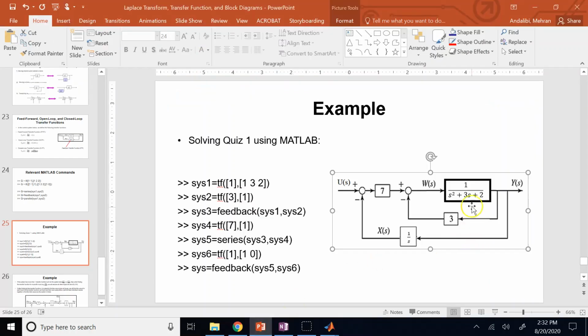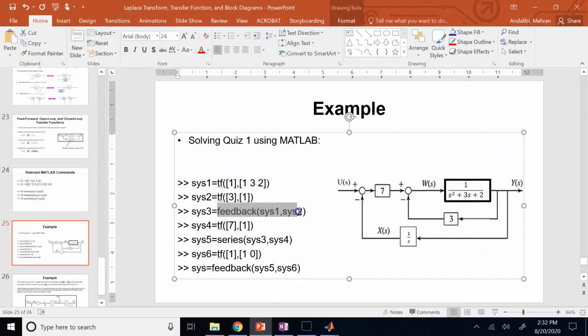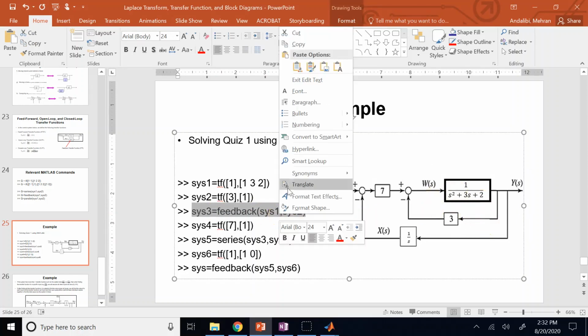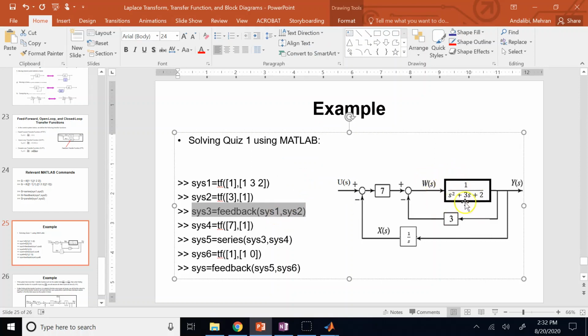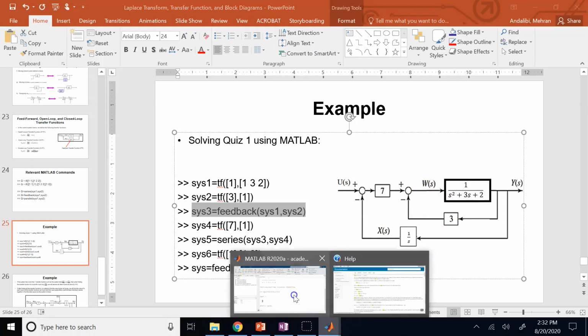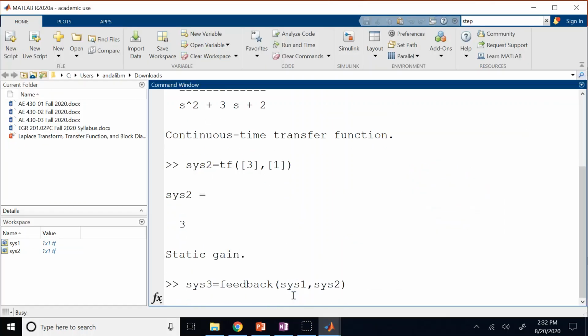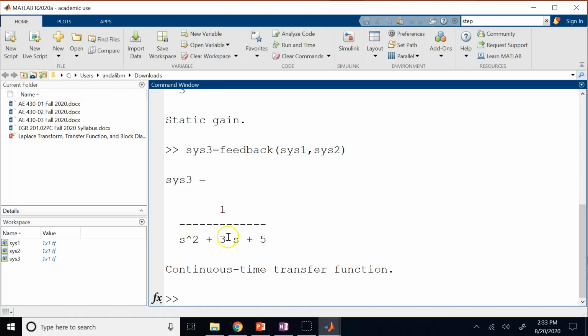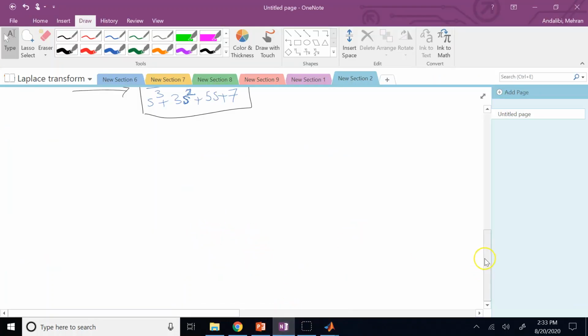Now I say system 1 and system 2 are in a feedback, and the result of that is system 3. So system 3 is when you replace this whole feedback loop with one transfer function. Correct? So that is 1 over s squared plus 3s plus 5, what we just found here, if you remember.